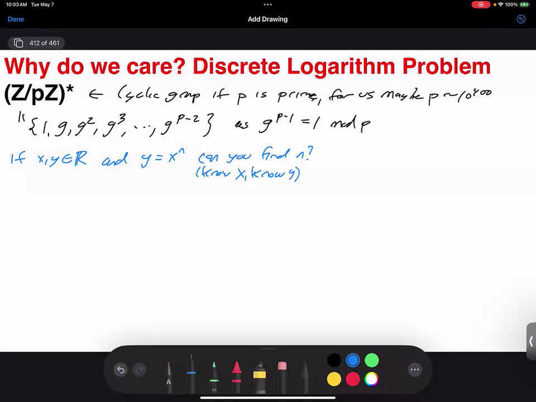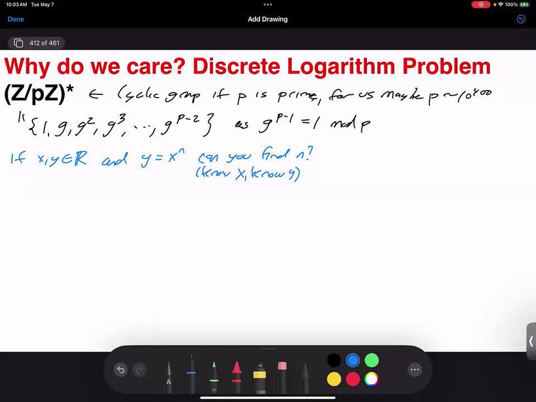How could you find n? It's the most straightforward thing. Yeah. Just divide y by x and see how many times. Okay, but if n is of size 10 to the 400, that's going to take you a while. Is there any nice way?